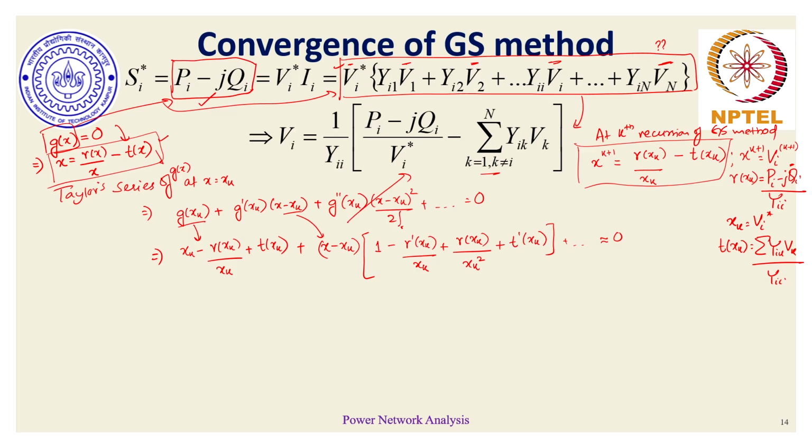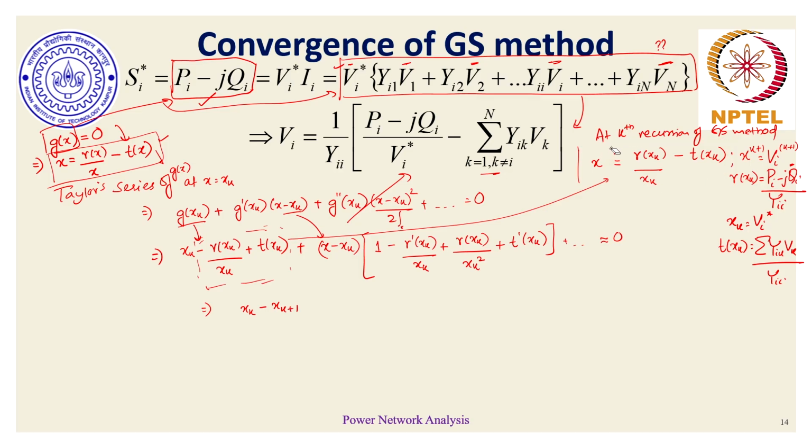Now in this, if I look at the term sitting over here and compare it with the Gauss-Seidel update method, this is nothing but xk minus xk plus 1. Pardon me for the subscript or superscript.